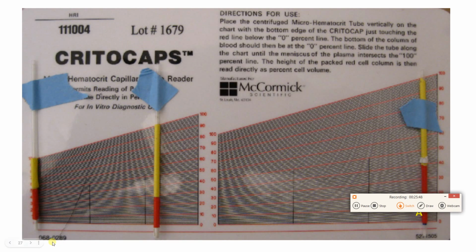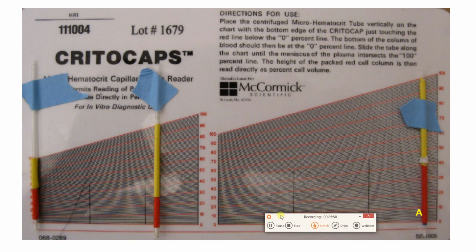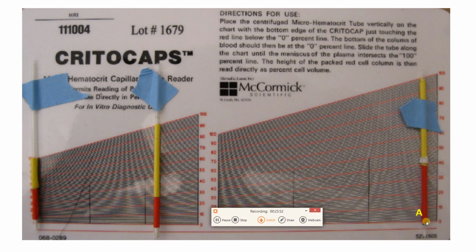We're going to align the tube such that the bottom of the red, so here, see how there's the red and there's the plasma here. We align the tube so that the bottom of the red is on the 0 line, the top of the yellow is on the 100 line, and we just read the red. This is at 39% here.